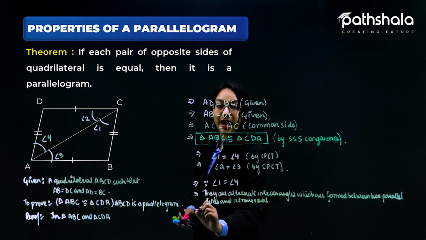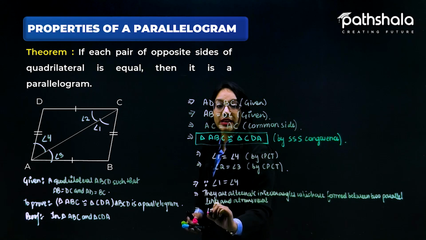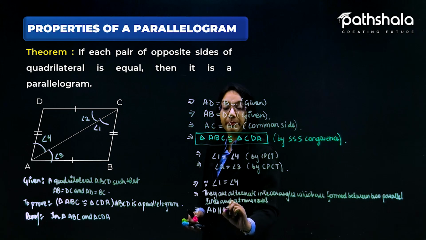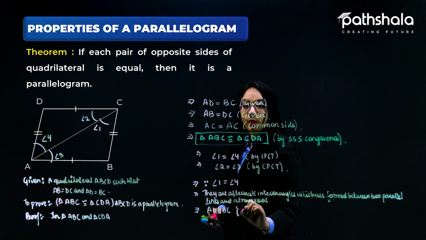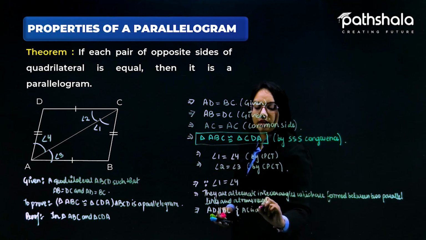It implies that AD is parallel to BC, where AC is a transversal.